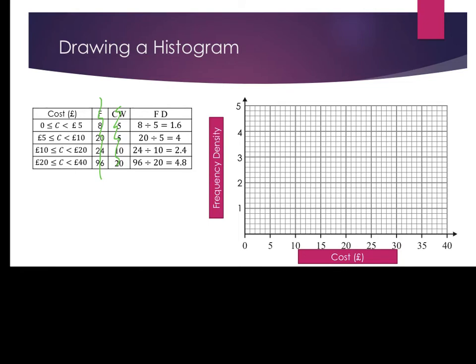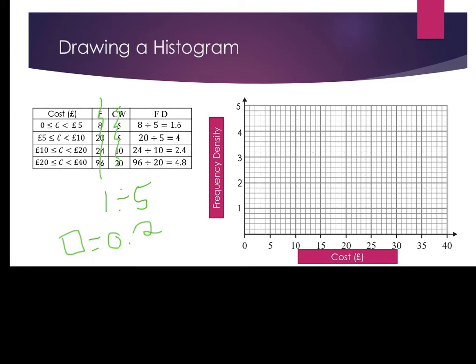So our first bar is going to be between 0 and 5, and it's going to go up to 1.6 in the frequency density. So every square in this one is worth 0.2. The reason why every square is worth 0.2 is because if we look here, we're going from 0 to 1, and there's 5 squares in between. So if we do 1 divided by 5, that will get us the answer of 0.2. That tells us every line up is 0.2.